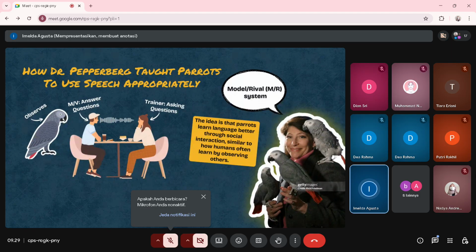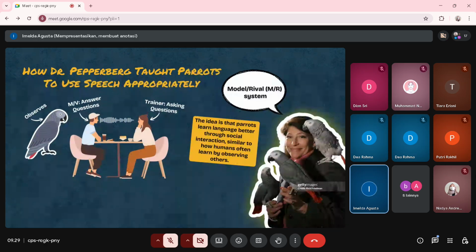And when this person answers correctly, the trainer will give the object as a reward. For example, if the trainer asks what is this and the answer is an apple, the trainer will give the apple to the person who answered.